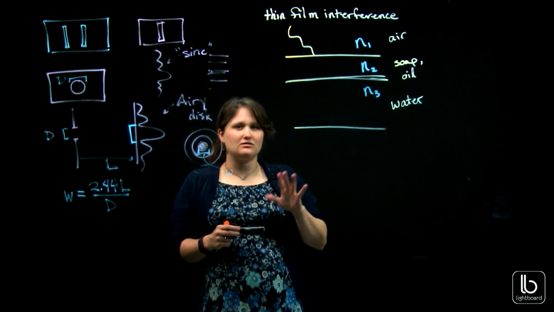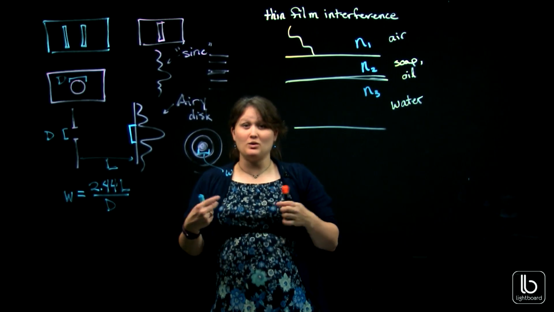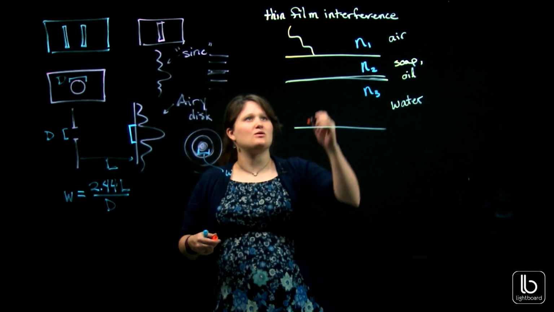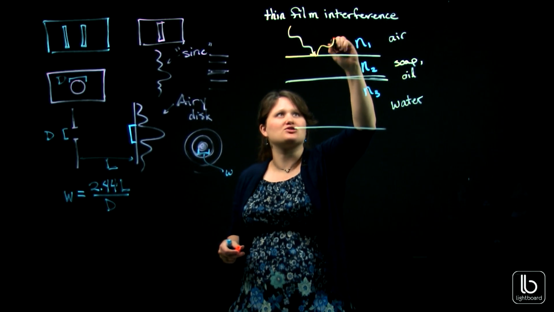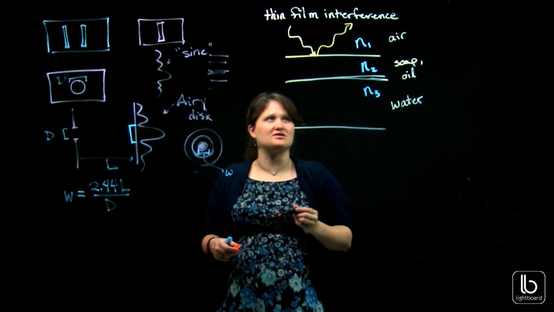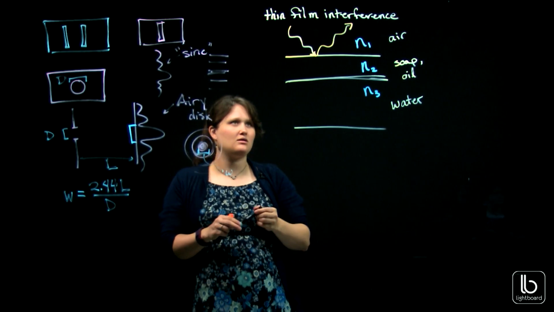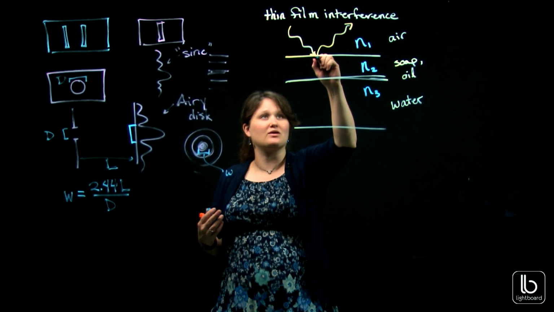And the short idea behind thin film interference is that we get some reflection every time we change medium. And so if light's coming in, we get a reflection coming back off of this surface. But we also have some transmission, some refraction going on.